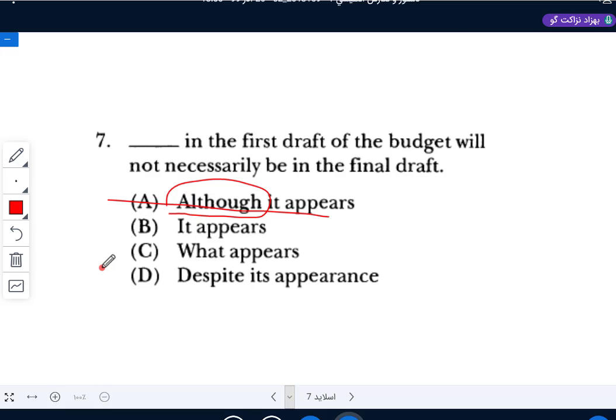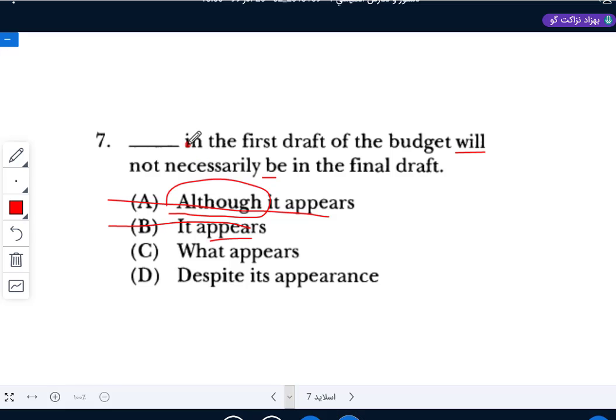Okay. I look at choice, actually, choice B. It appears, then I have will, not necessarily be. So will be. This is my verb in the sentence. Then I have it appears. Two verbs for one subject. In that case, this is not possible.